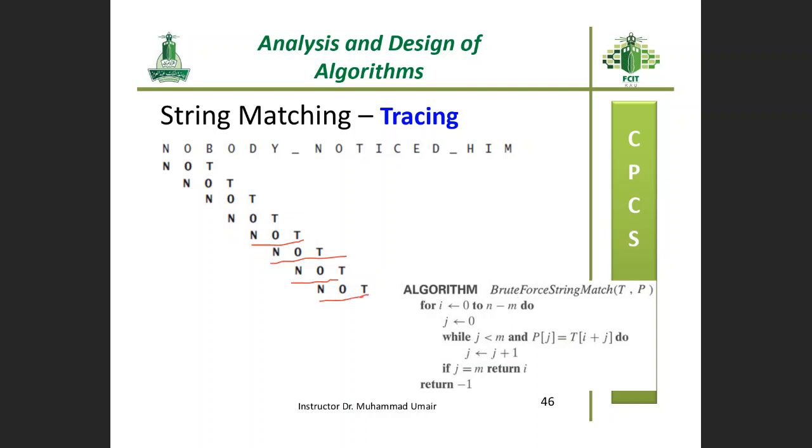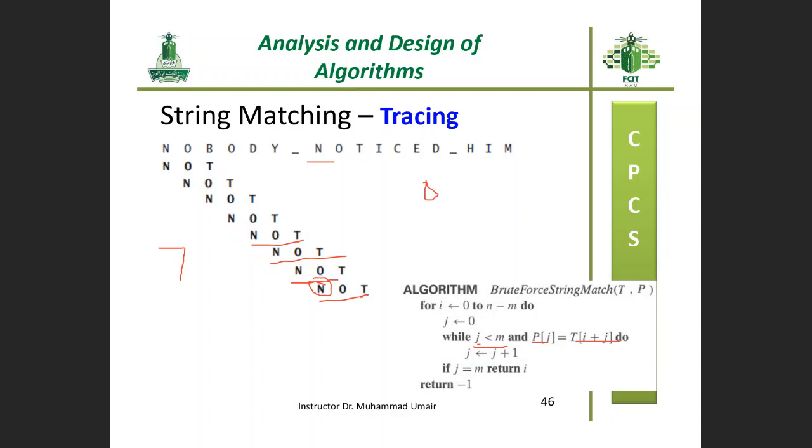When it reaches here, now i will become 7 and j will be 0. So 0 is less than m. Yes, the condition is true. P of 0, which is N, will be compared with T of 7 plus 0, that is 7.